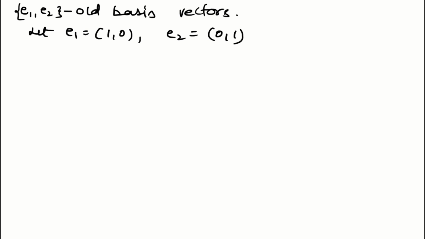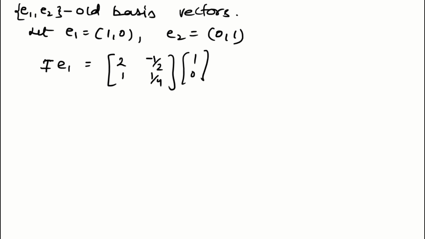So I am taking E1 and E2 as the standard basis. Now let's multiply F with E1. F is our matrix of forward transformation, times (1, 0). When you multiply it with this matrix, you will get 2 and here 1.